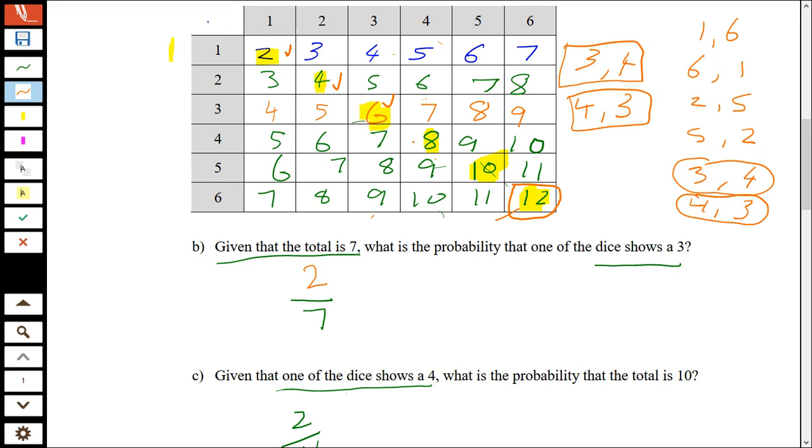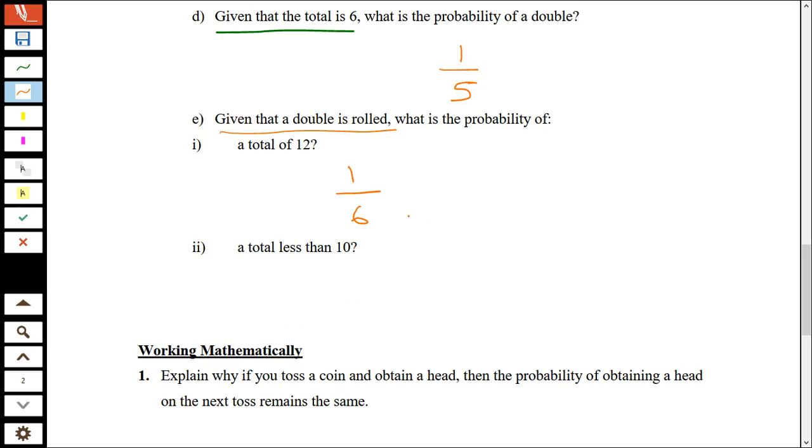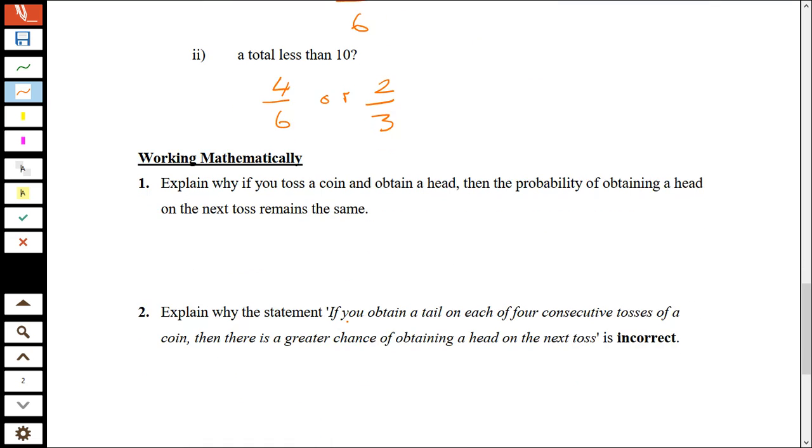That's less than 10. Okay, so we've got 1, 2, 3, 4 less than 10. So we come back to that, and it's going to be 4 out of 6, or 2/3. Okay, so 4 out of 6, which simplifies to 2/3.